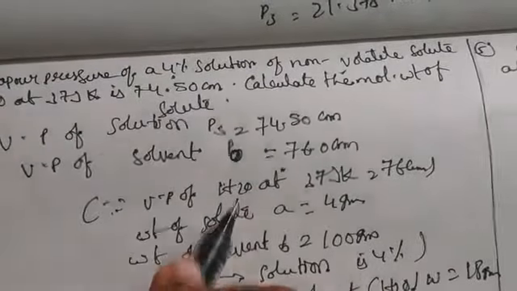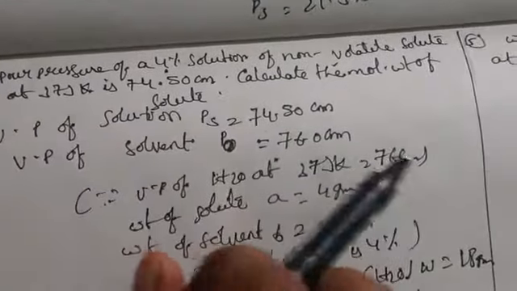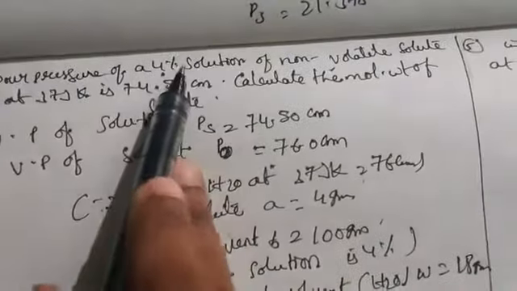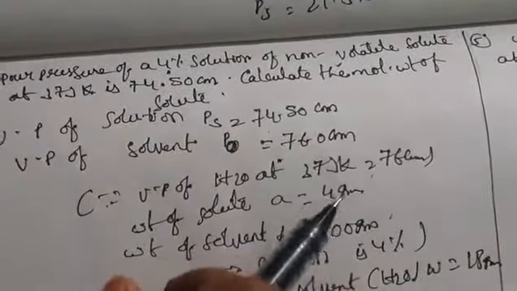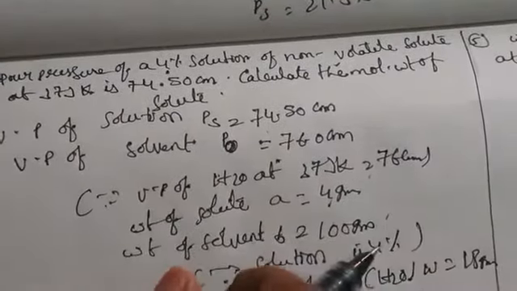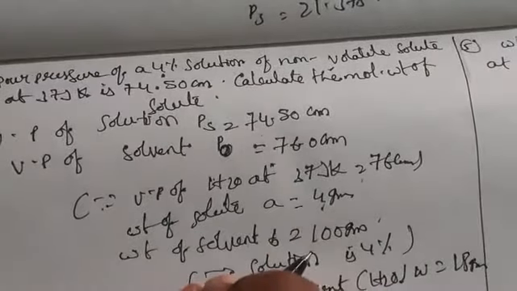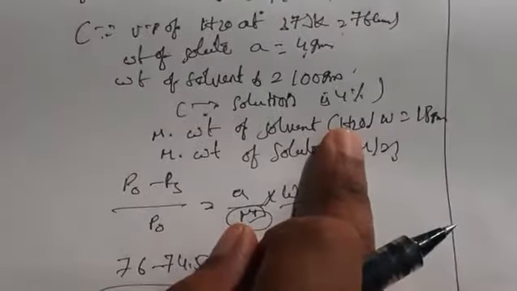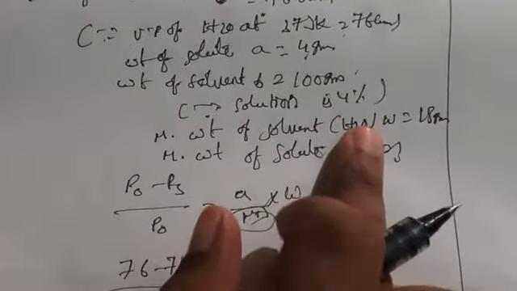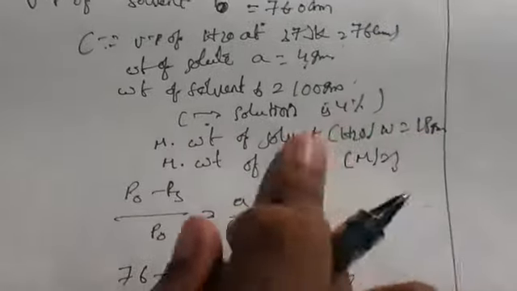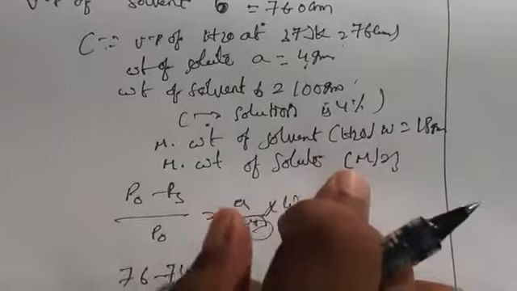Now the weight of the solute A he has given as 4%. 4% means the non-volatile solute consists of 4 grams, and the remaining 100 grams, he has given percent, means 100 grams consists of solvent. Now the gram molecular weight of solvent H2O will be 18, because 2 plus 16 is 18 grams. What did he tell you to calculate? The solute molecular weight.